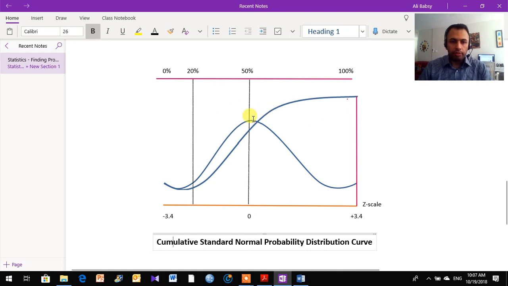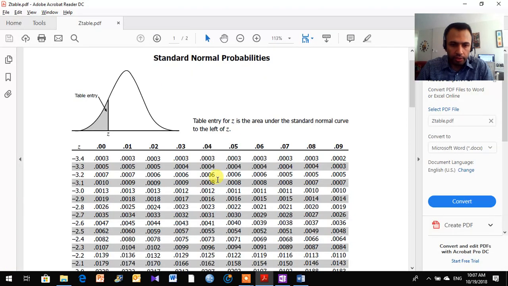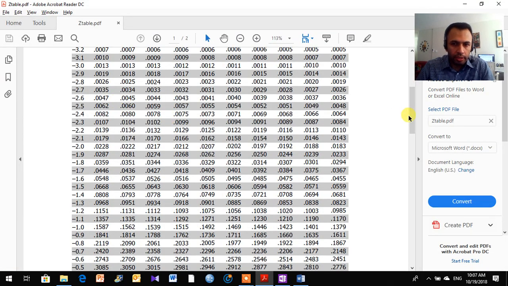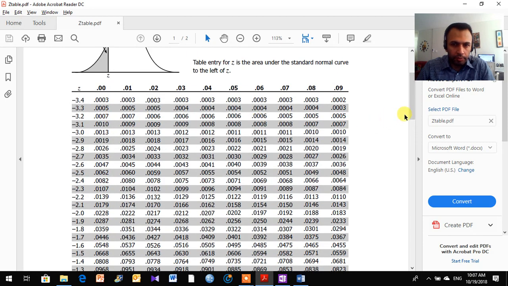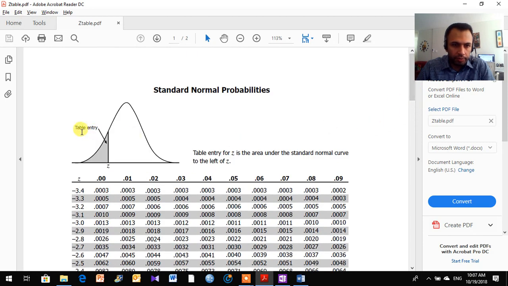If we want to understand it from the table point of view, let's go to the Z table. In this Z table you can see the probability. Firstly they are saying it here, table entry. So table entry means table entry for Z is the area under the standard normal curve.